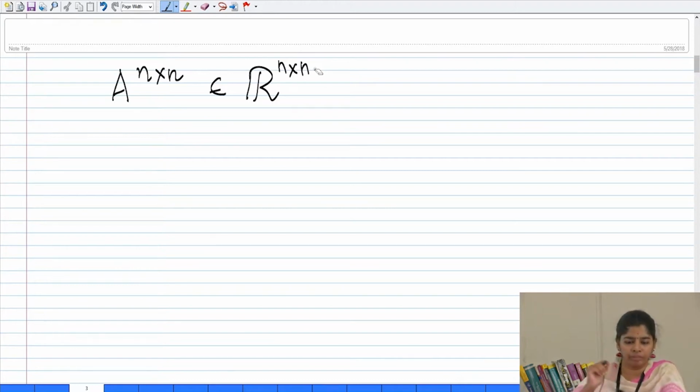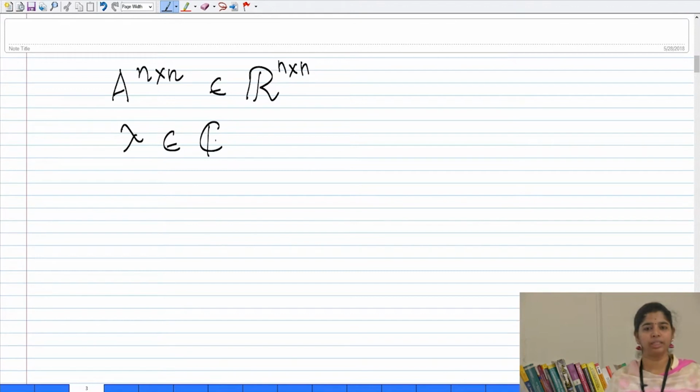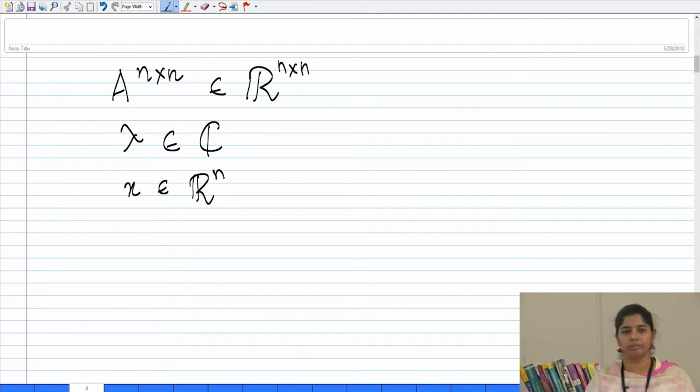So how do we find the eigenvalue for this? Through the characteristic polynomial. So how do we get the characteristic polynomial? You are going in for the determinant of A minus lambda I, right. So that is where we are going to talk about eigenvalues. So given a lambda coming from the complex field, it could be complex also, and I have a set of vectors, say x in R^n, this is my notation for a vector.